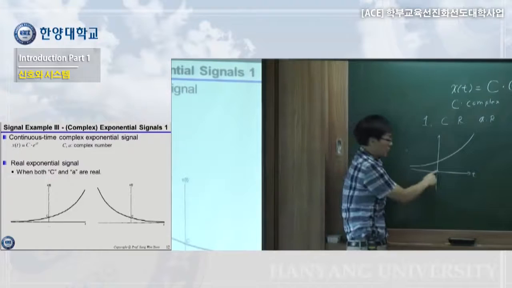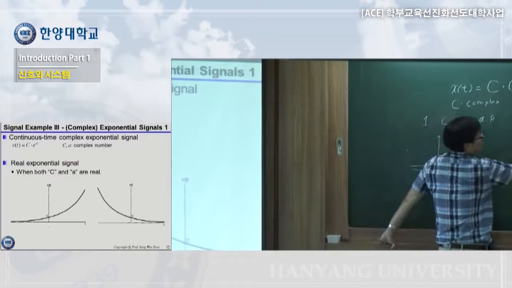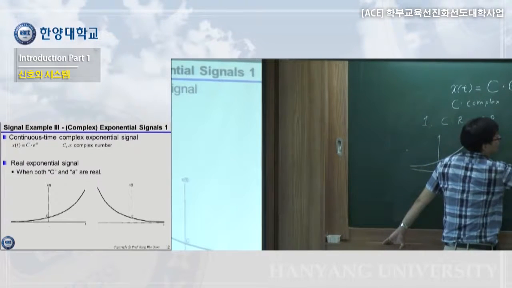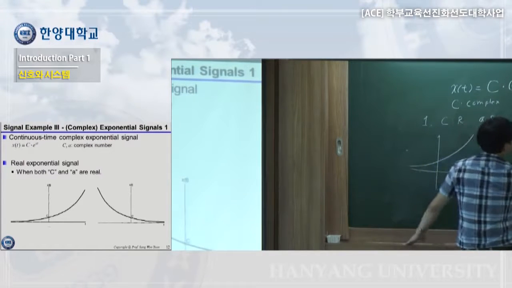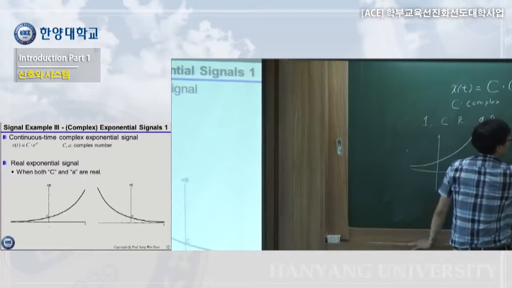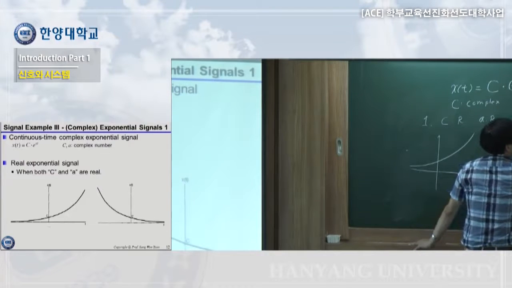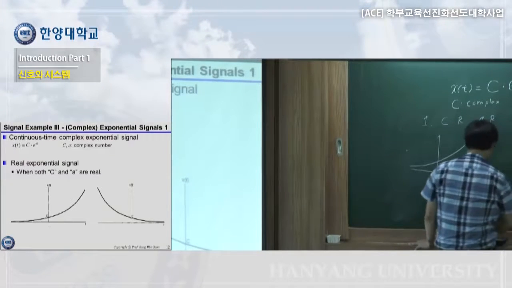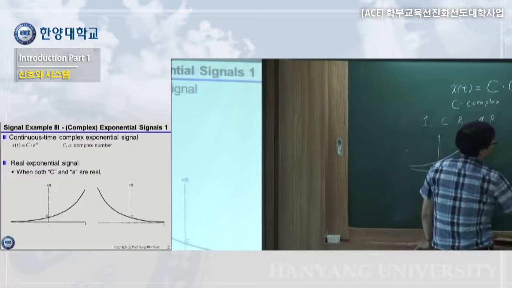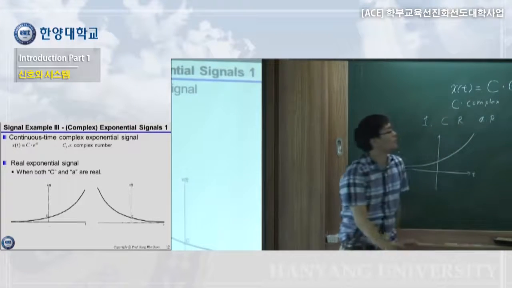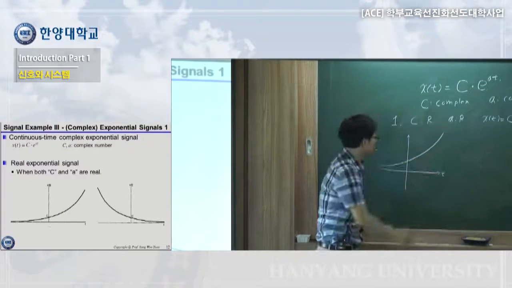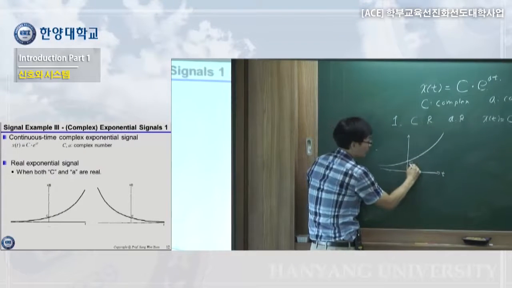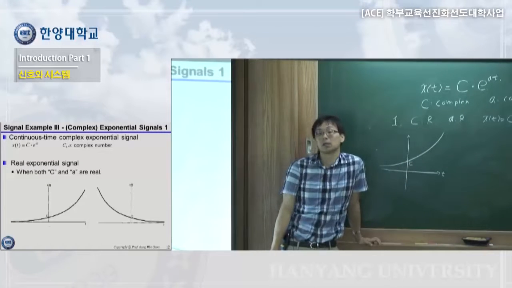At time 0, this one becomes 1, when t equals 0. Not 0, what I'm talking about. This one becomes 1 at time 0. So this function will become C. So at time 0, there will be C, right?